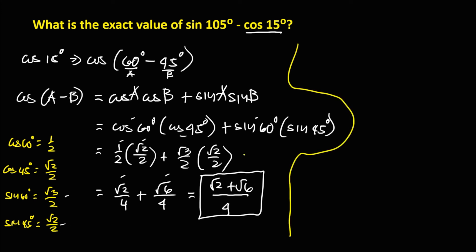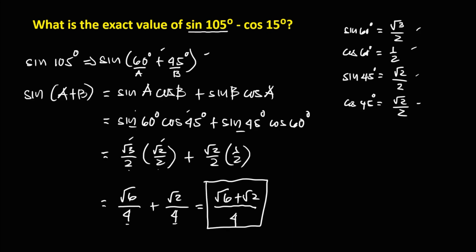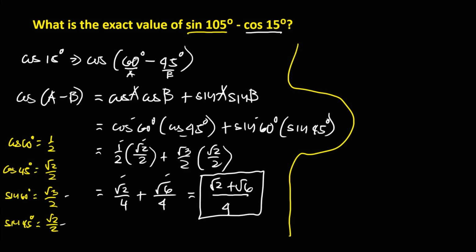Then to find the exact value of sine 105 degrees minus cosine 15 degrees: since sine 105 degrees is equal to square root of 6 plus square root of 2 over 4, then minus, for cosine 15 degrees, that's square root of 2 plus square root of 6 over 4.